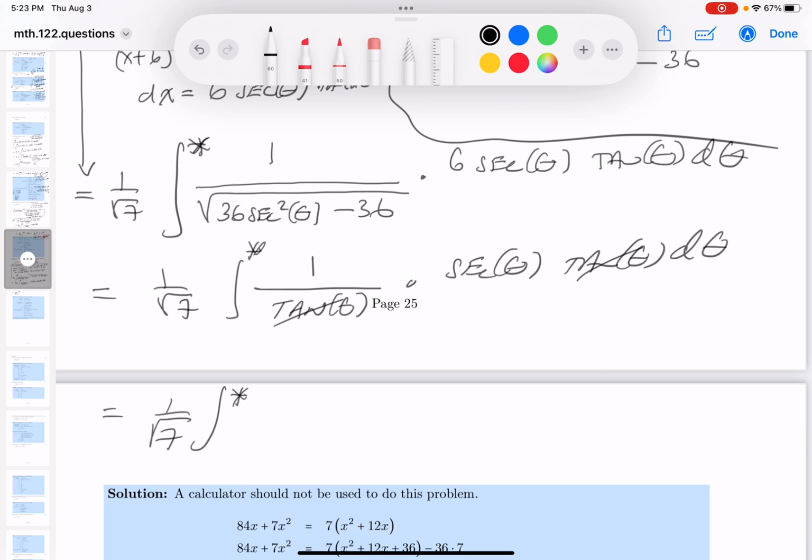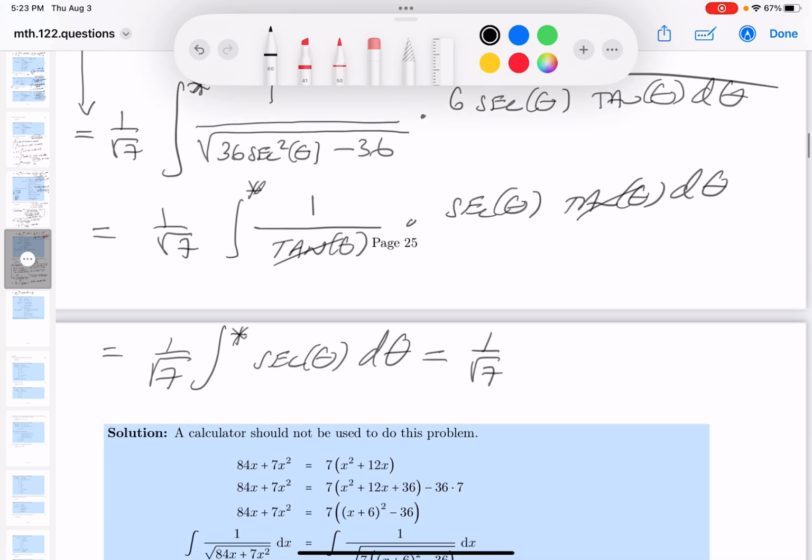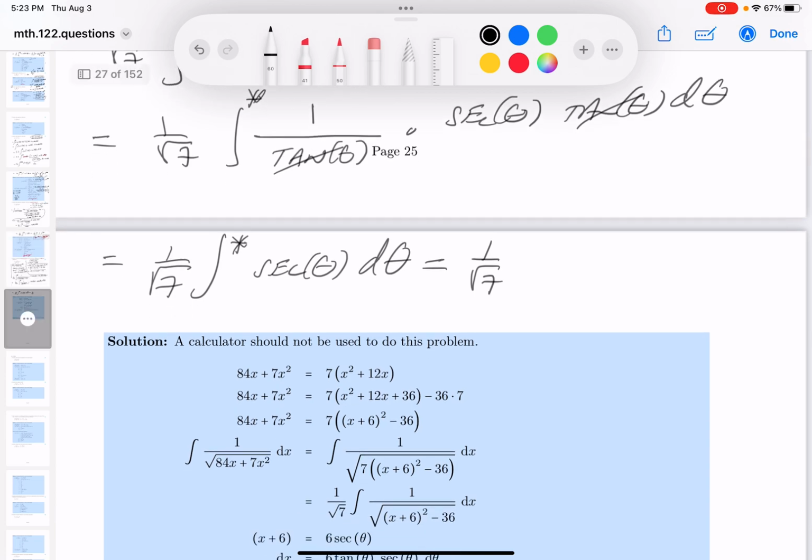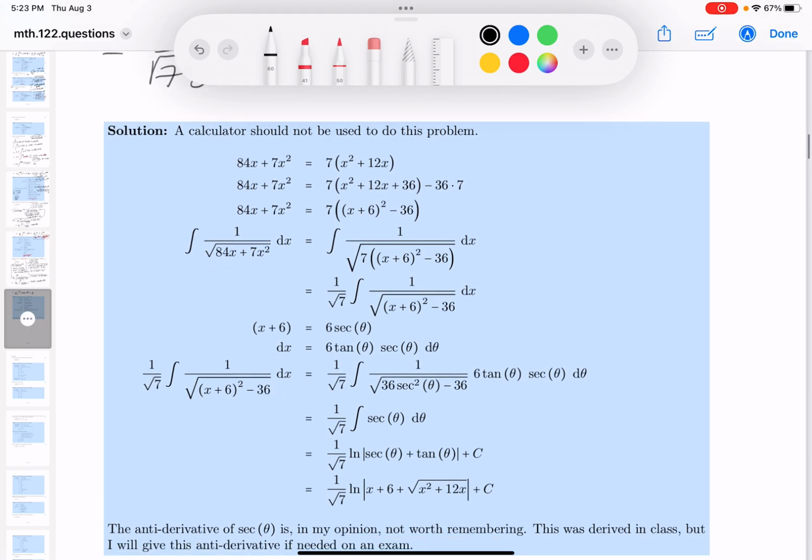This is going to be, let's see, secant. All right, this thing pops up quite often, and I'll write it down for you. By the way, on exams, I'll be honest with you, if you can't remember these things, let me point out what I mean by that. I'd be really happy if you got there.